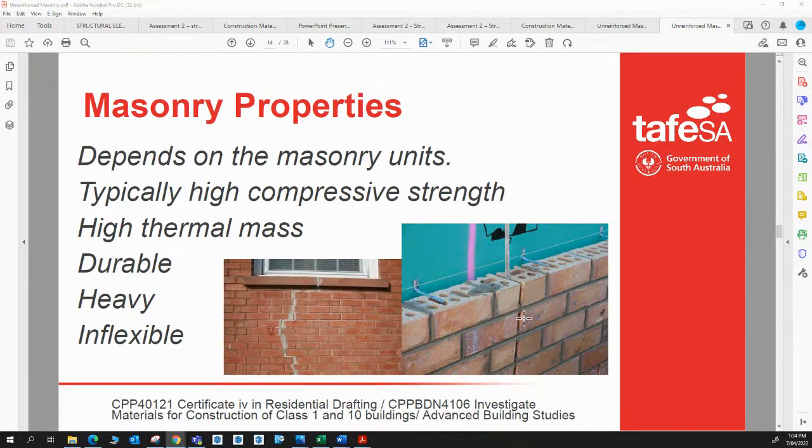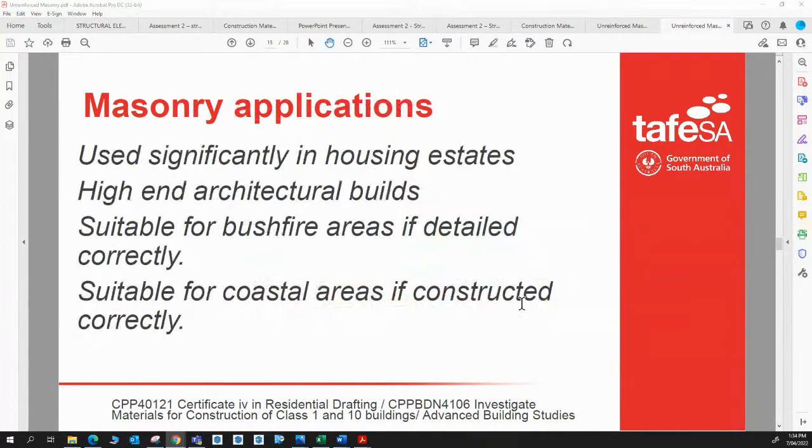On the right hand side in this picture, we see the brick control joint which has been imposed in here, and that's going to get filled with a foam and possibly a mastic on the outside. There are several different approaches to creating brick control joints, and we'll cover that in construction methods. But that enables the flex in the wall to be taken up by that.